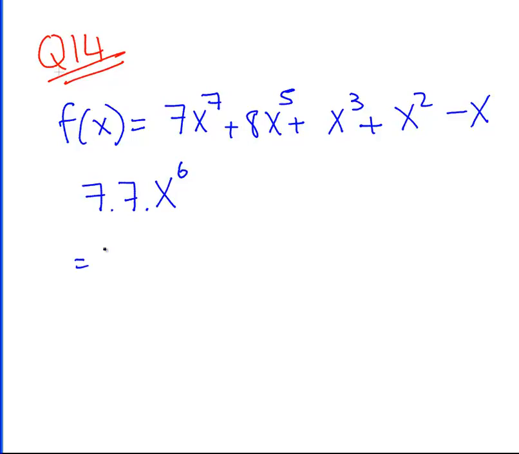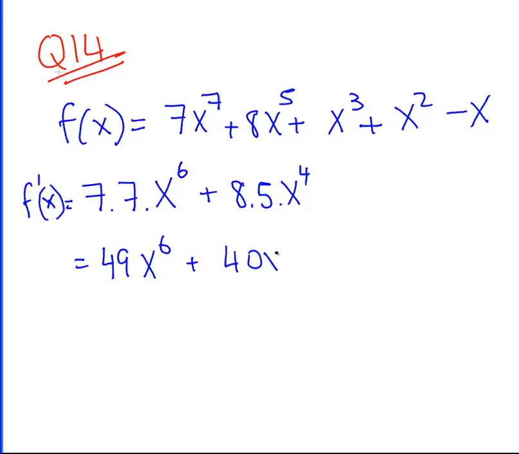So that is 49x to the 6. This is f dash here, or the derivative, just to give it a nickname. So 8 times x to the 5, so that's 5 times x to the 4, so that is 40x to the power of 4.